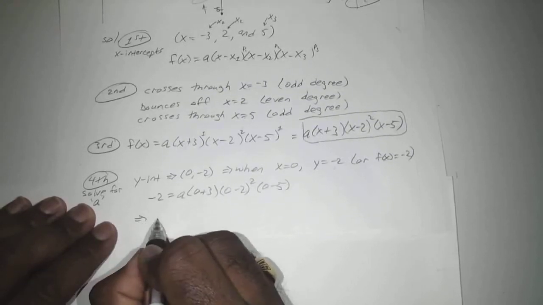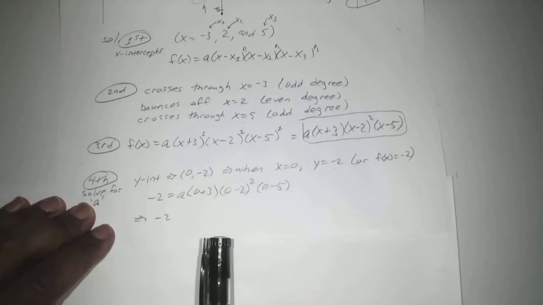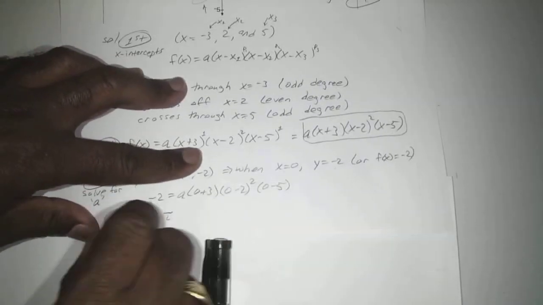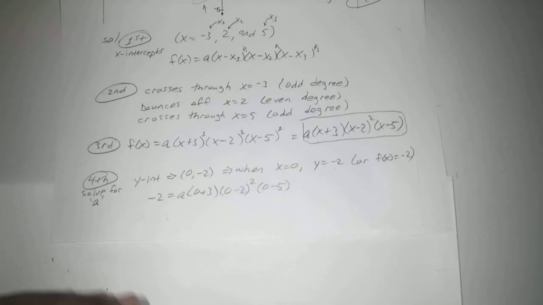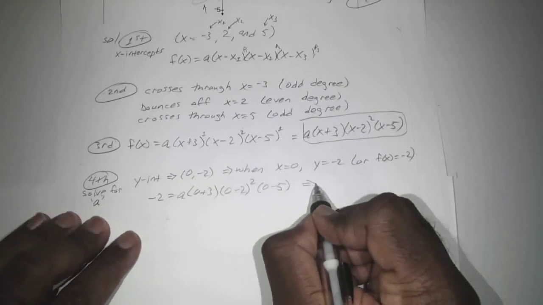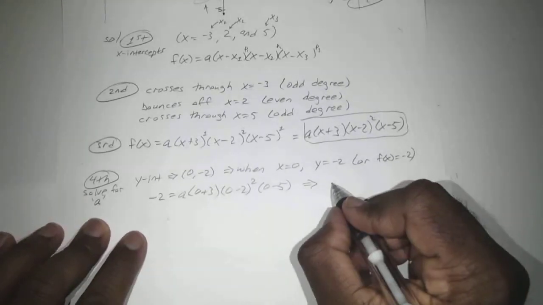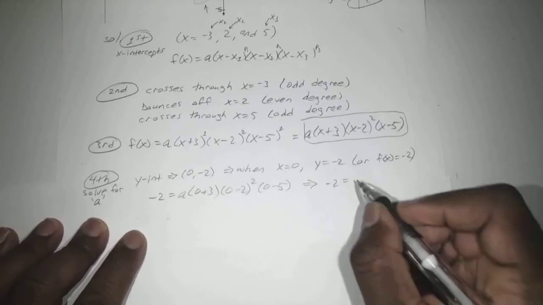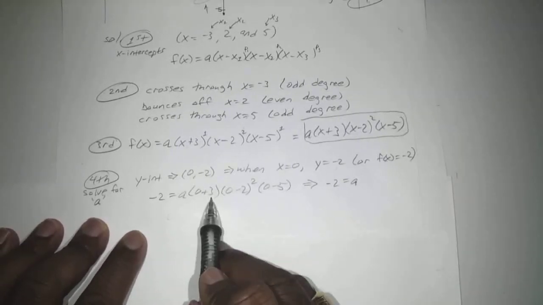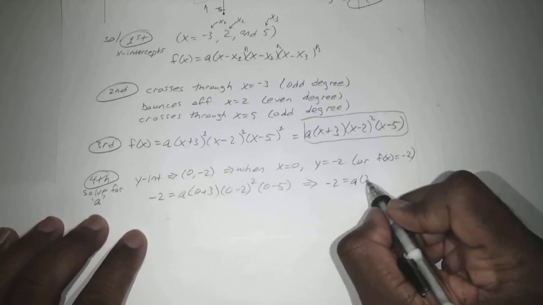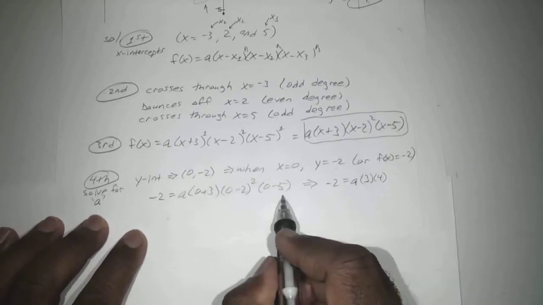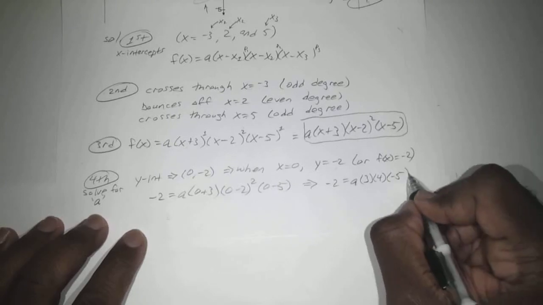Okay. So that means negative 2. I'll put it next to it, so I can write the final answer underneath it. Okay, so we have negative 2 equals a times 3, negative 2 squared is 4, times negative 5.